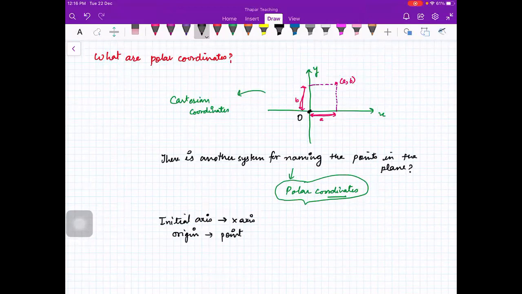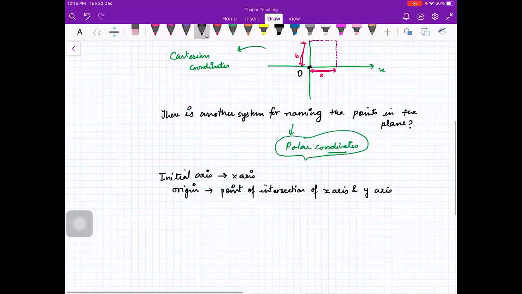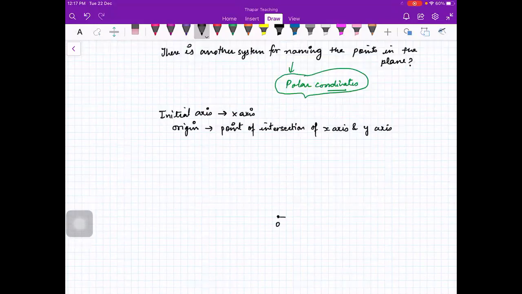This point we call the origin. We have only two things, origin and initial axis. Sometimes people call it the initial ray also.